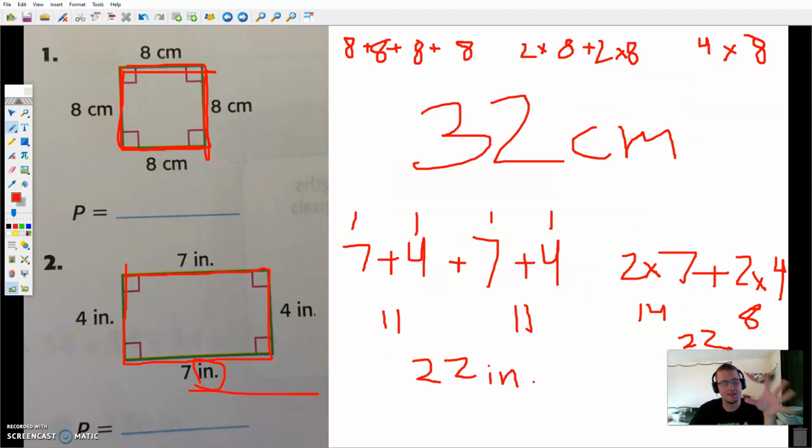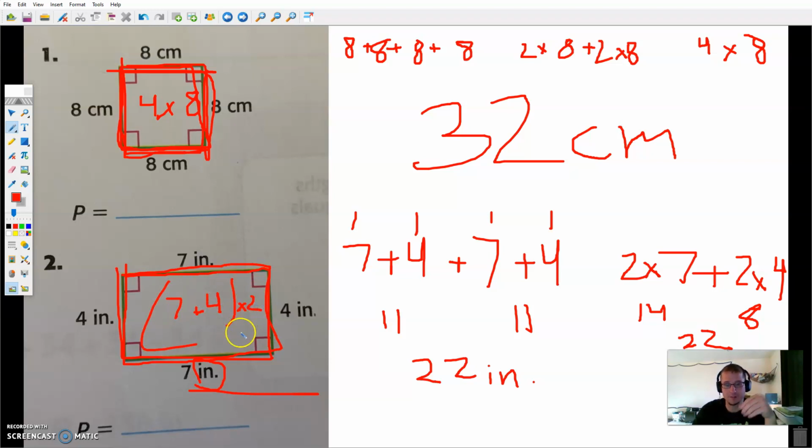Basically understanding that perimeter is the distance around an object. So if I know all of those distances, I just have to add 8 plus 8 plus 8 plus 8, 7 plus 4 plus 7 plus 4. Or if I can remember those formulas to simplify, if it's a square, I can just times whatever the side is, or here is 7 plus 4, and then times that by 2, or 2 times 7 plus 2 times 4, however you want to look at it.